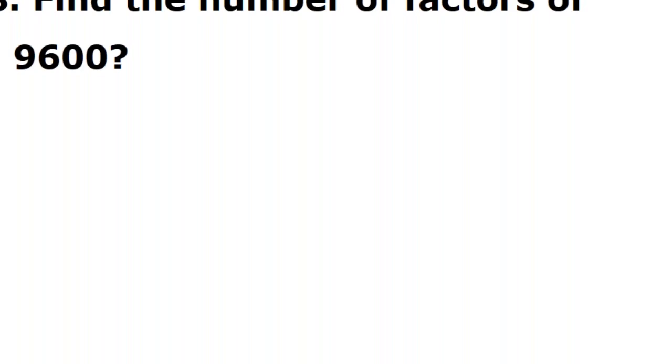For Sunday also the same, 10 to 12. Factorial is different, LCM is different.